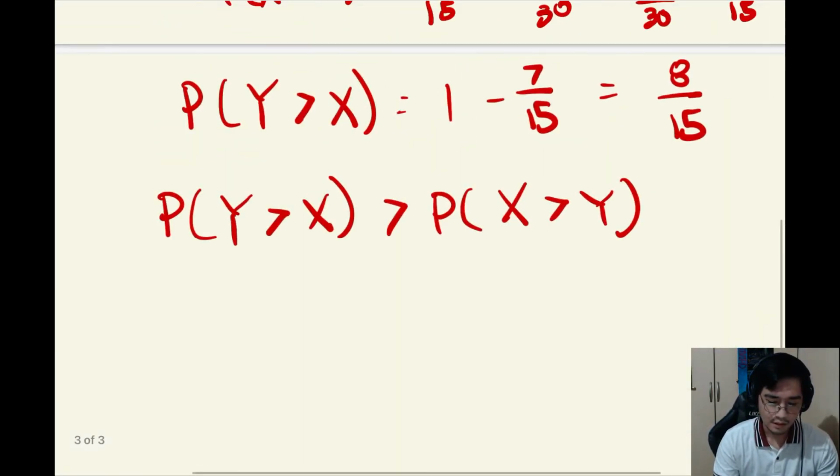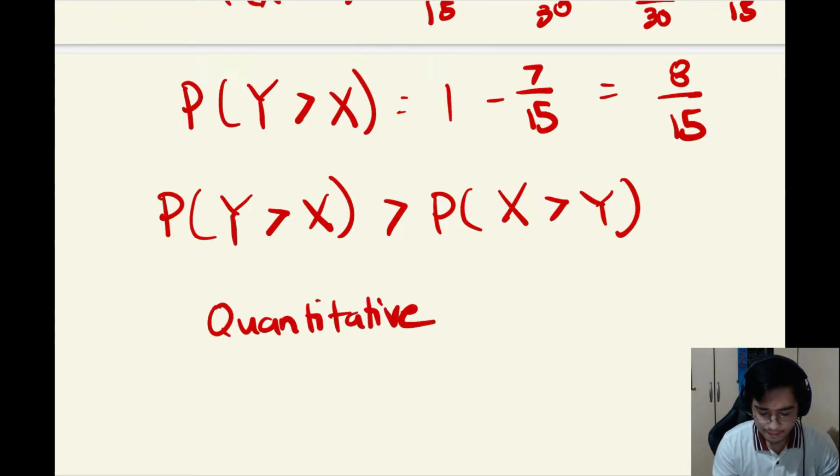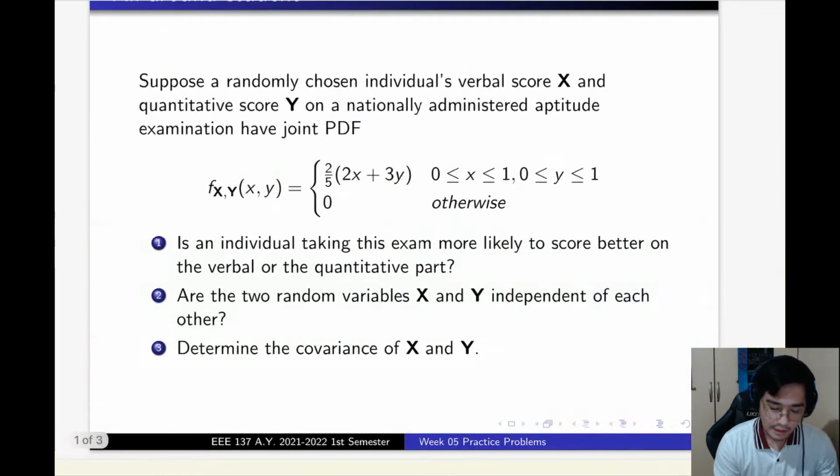So, quantitative greater than verbal score. Now, we proceed to the next problem.